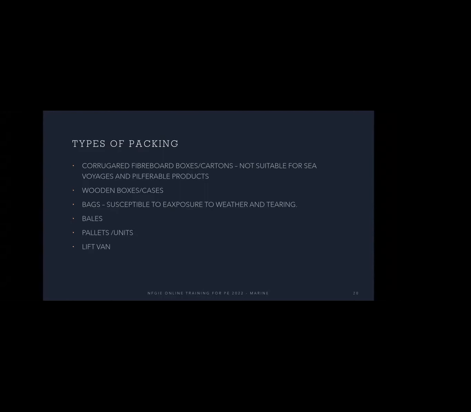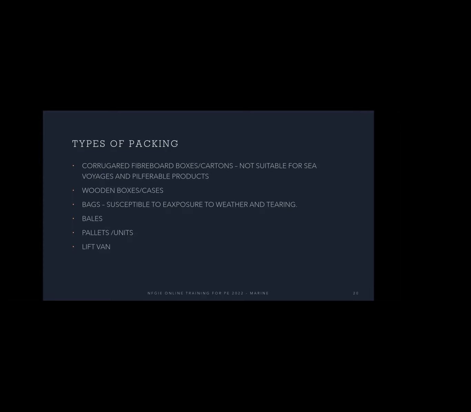Next is bales, used for commodities like cotton and waste papers, tire fibers. I cannot think of anything other than cotton. Then we have pallets. Pallets means multiple packages are loaded onto wooden crates to form a block, and this block is packed once again.